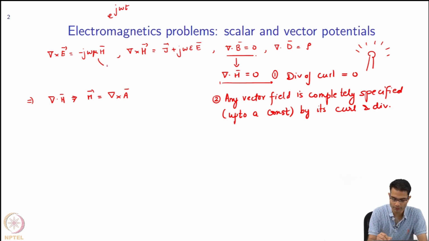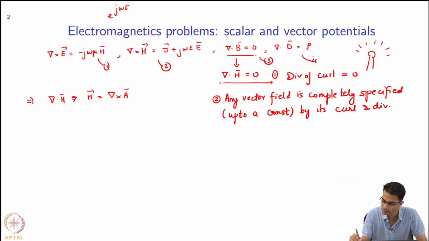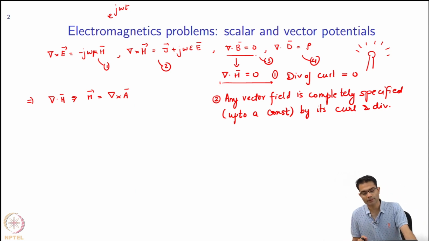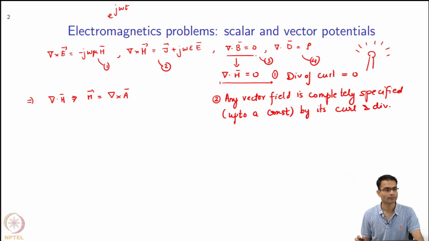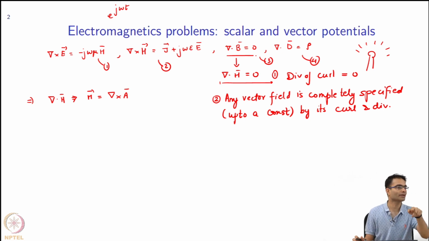So let's number our equations. This was 1, 2, 3, 4. Okay. If you had a magnetic medium, what would you have done instead? Then I would have taken del dot B equal to 0. I could have said B is equal to curl of something, and that's commonly done. So you will find some places A is defined in this fashion. Actually, let's define it this way.